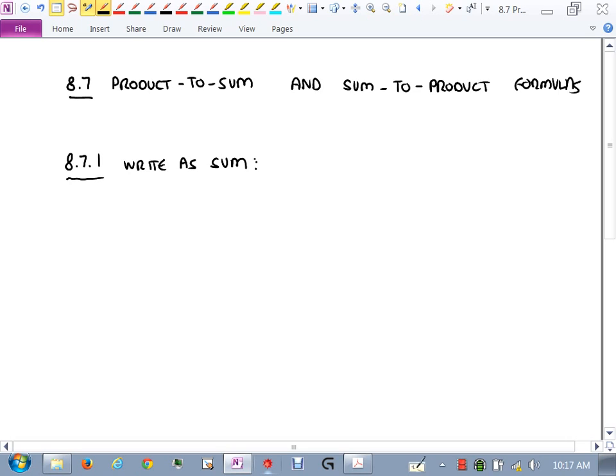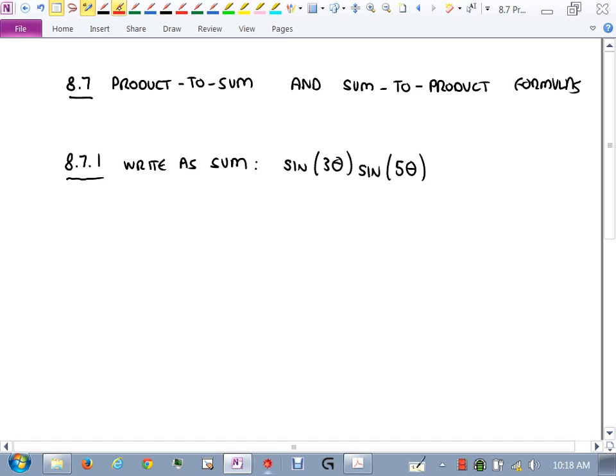So let's say I gave you something like this. Sine 3 theta sine 5 theta. I want to write this as a sum. Right now it's written as a product, right? I'm multiplying 2 sine functions together. Can you rewrite that so that it's not multiplication, instead it's addition or subtraction?